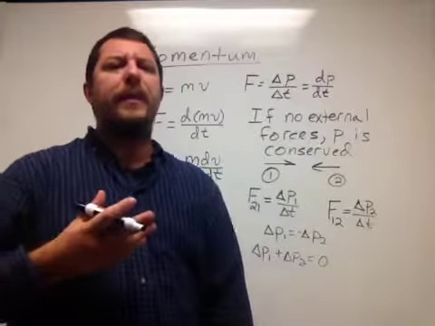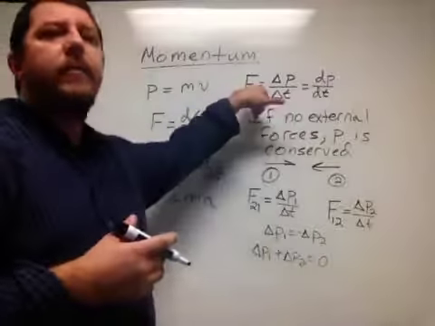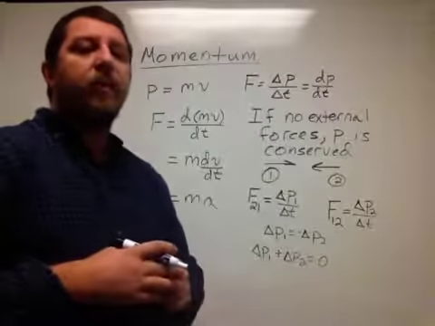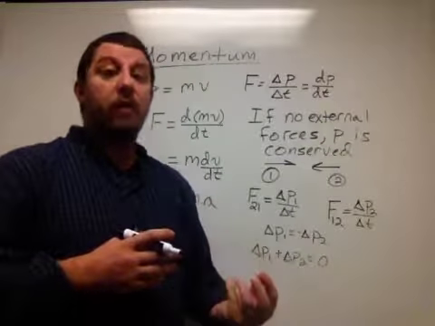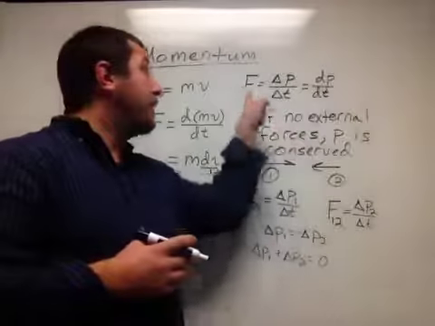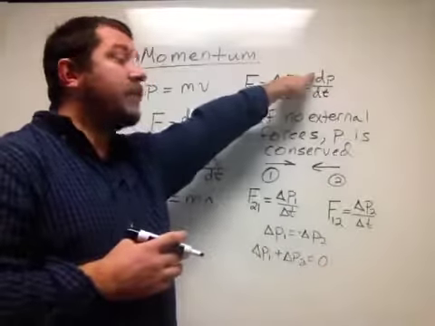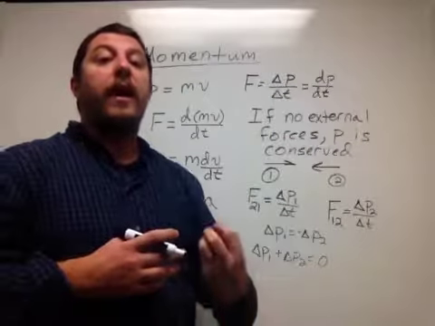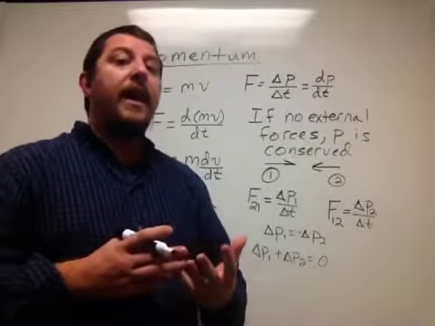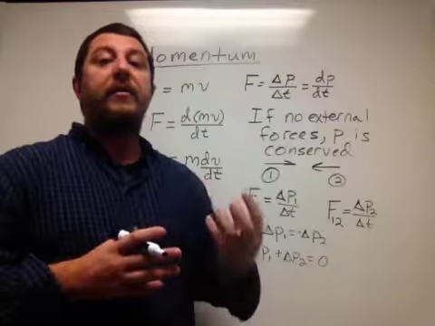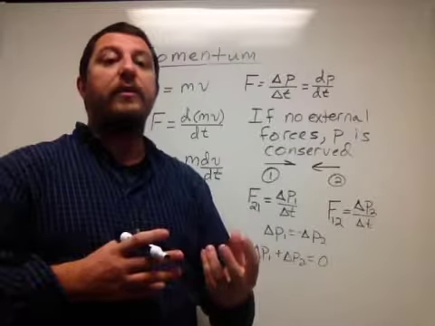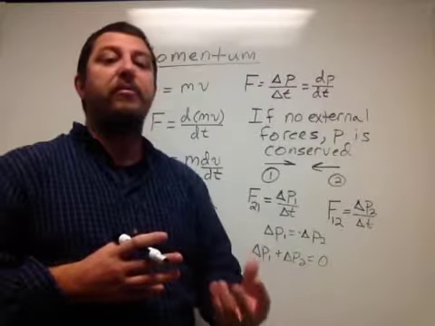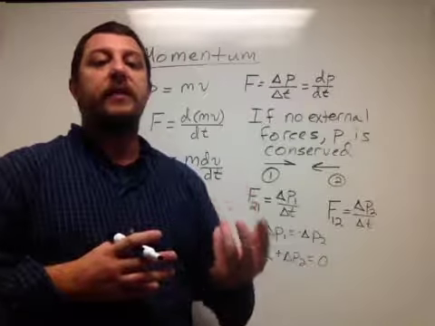Another way of thinking about this is by looking at the definition of force up here. If the total net force acting on my system is 0, then that means that the derivative of my momentum with respect to time is 0, and any time that I get a result of 0 after taking a derivative, that means the object I was taking the derivative of was constant.